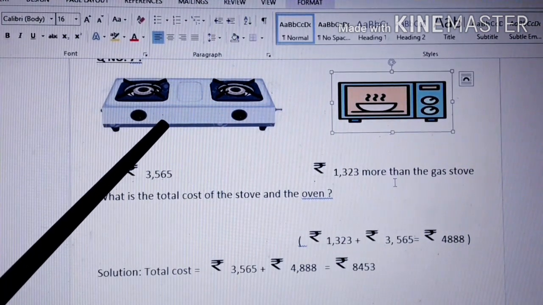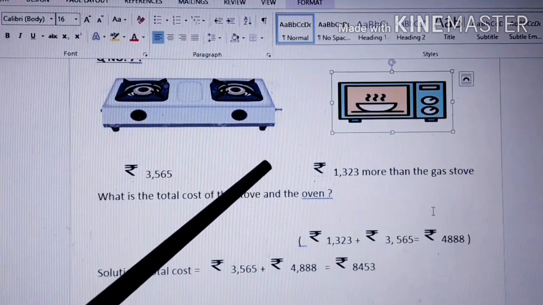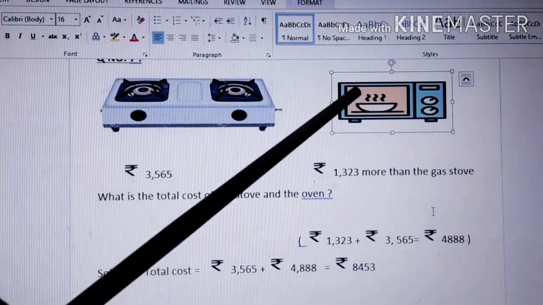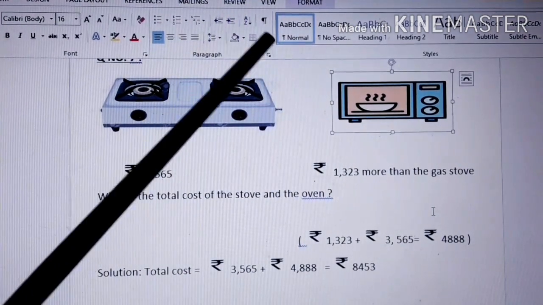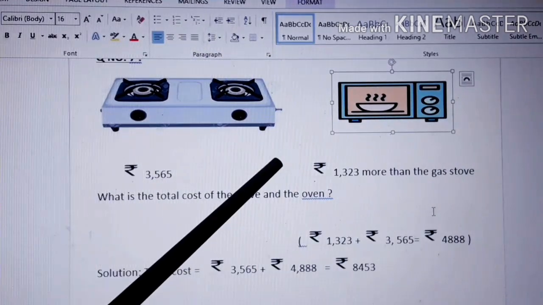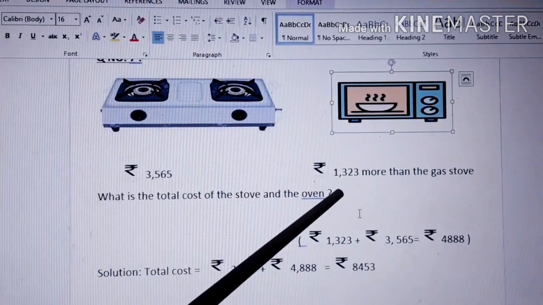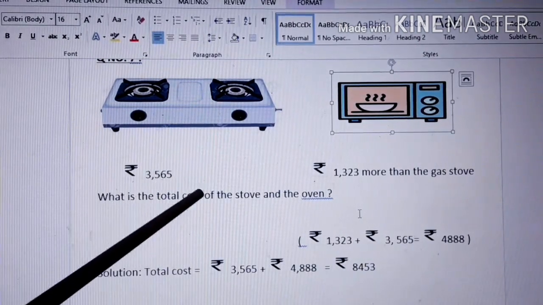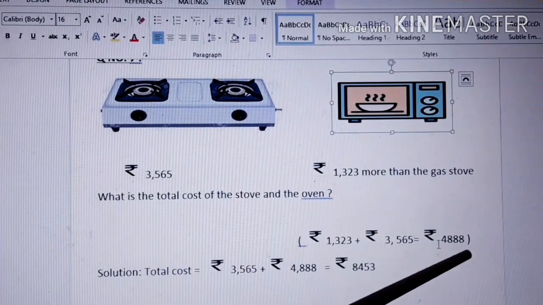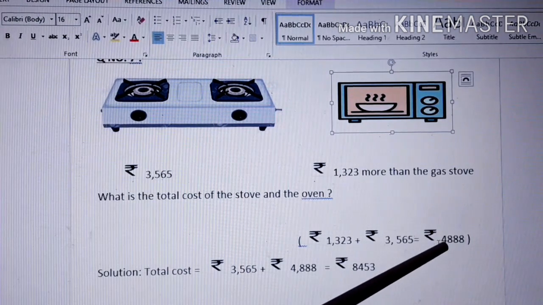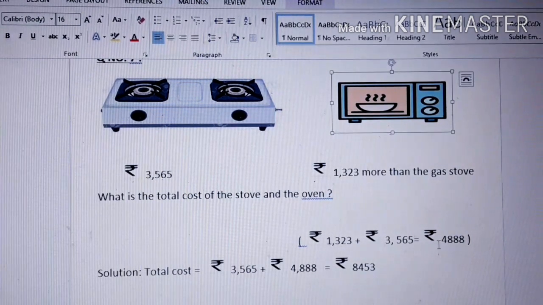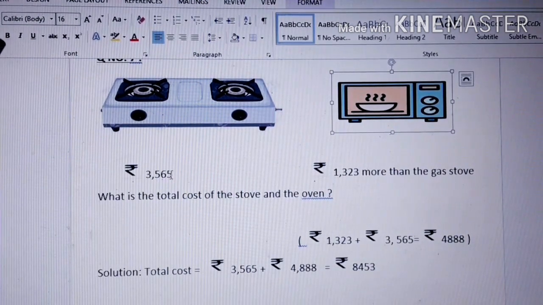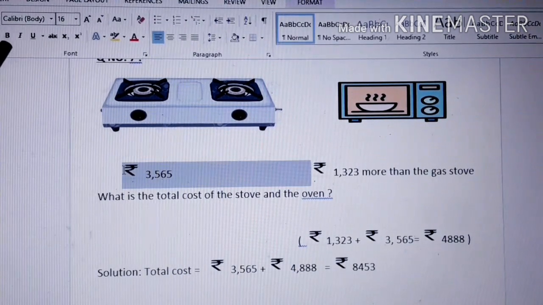They did not tell the exact amount. So we are going to find what is exactly the cost of the microwave oven. So you add here 1323 plus 3565. So you will get the cost, rupees 4888.